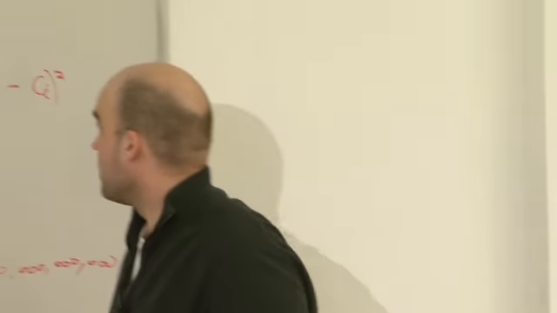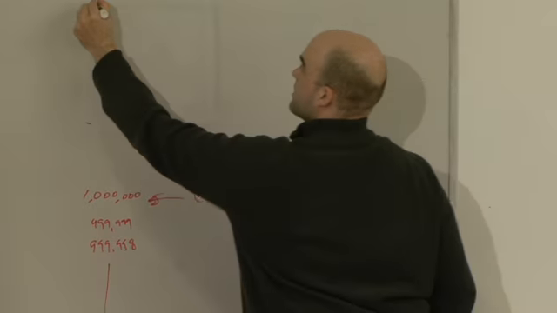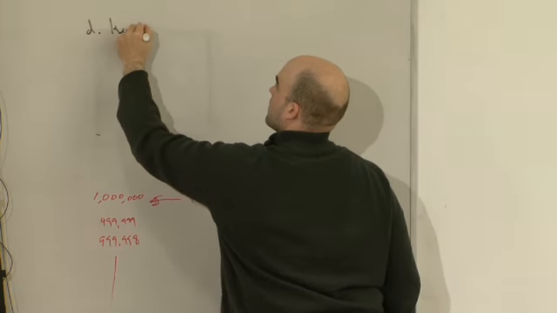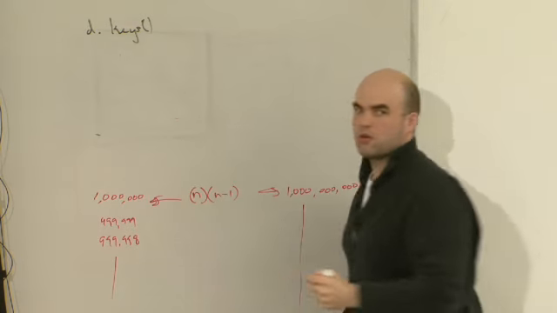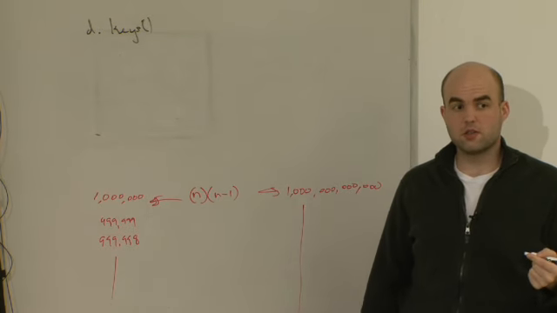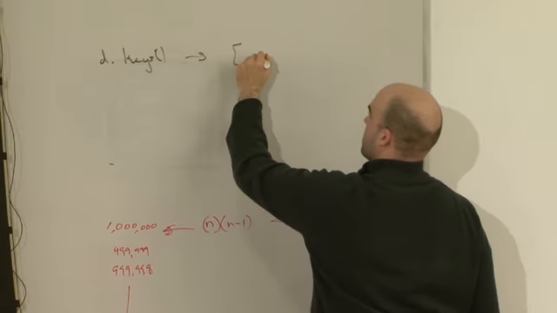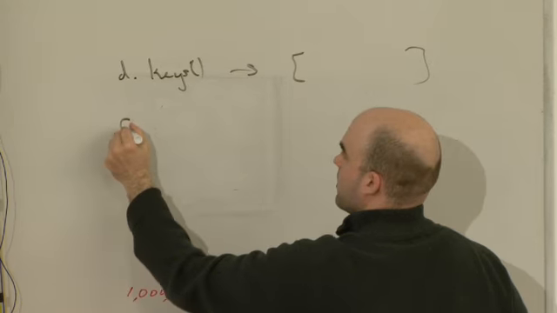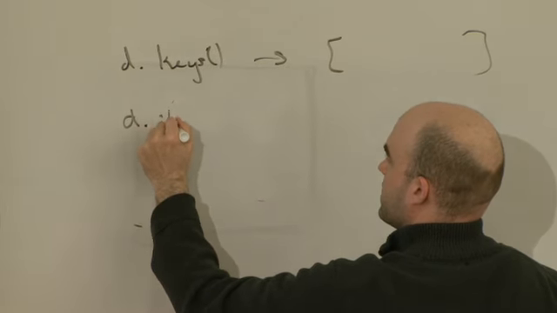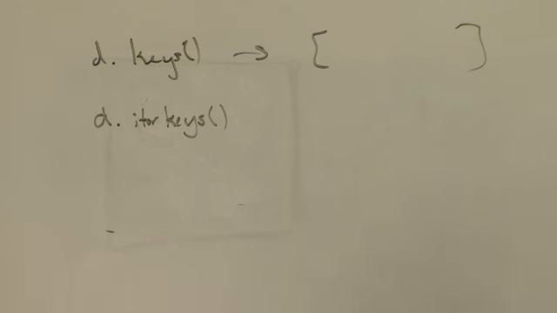So you know that if you have a dictionary d, you can do d.keys. Remember I was demoing that code, the difference between range and xrange? Same thing. This is going to return an actual list of all the keys, right? What d.iterkeys returns is a generator object that gives you, one by one, each key in the dictionary.